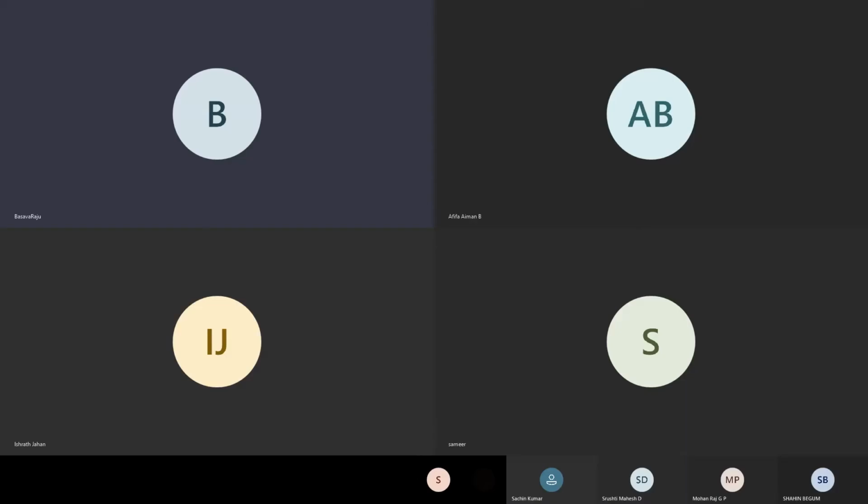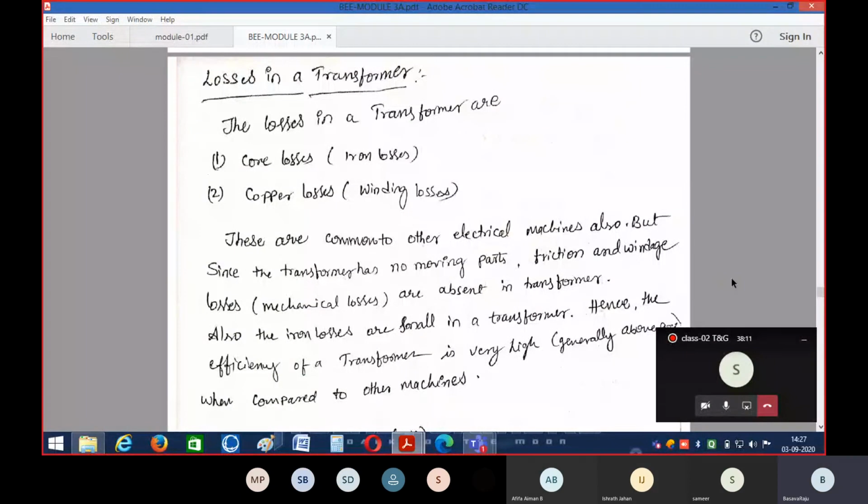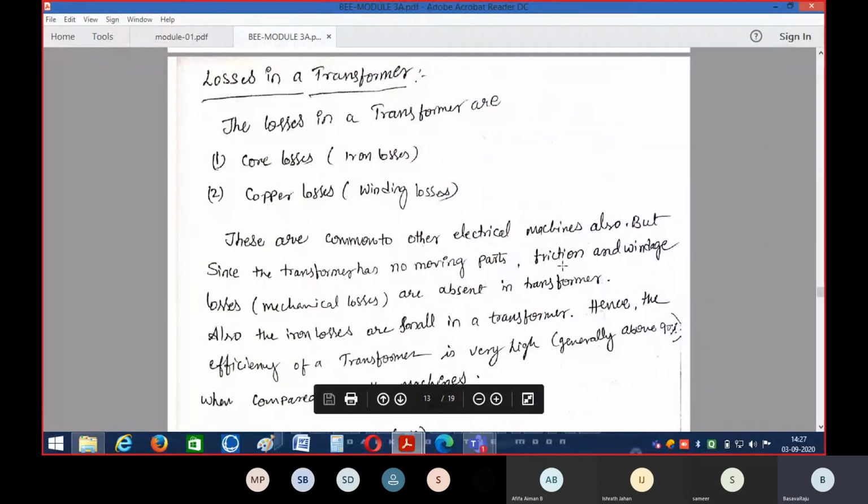Okay, again we'll come to the class. So the next topic that we cover in basic electrical engineering is losses in a transformer. We already covered the construction, what the transformer is, why we use the transformer, and the working principle.